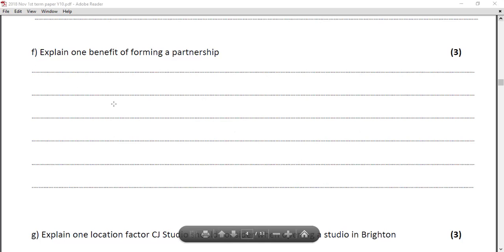For example, more capital can be raised. Since partnership has 2 to 20 partners, they can collect more capital from them, and then use that money to expand the business, which leads to, therefore, an increase in sales revenue in the business. So when you're writing a 3-marker question, even 6-markers and 9-markers, you can use this method called BLT.